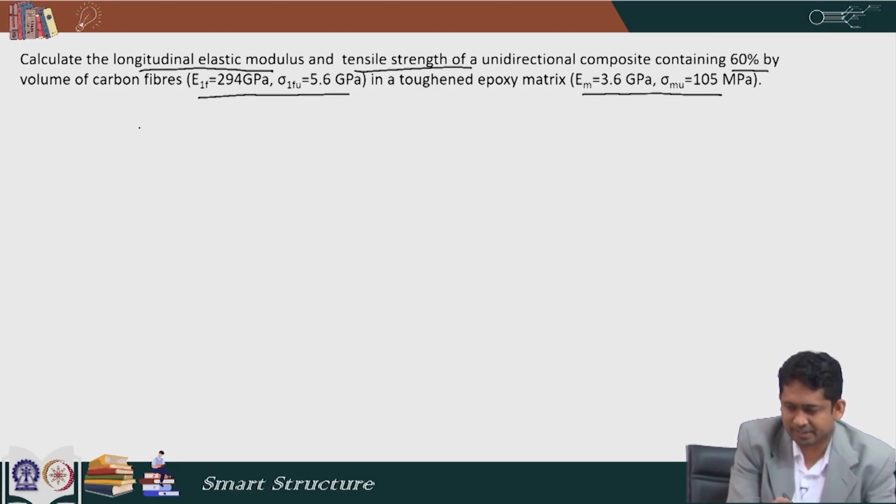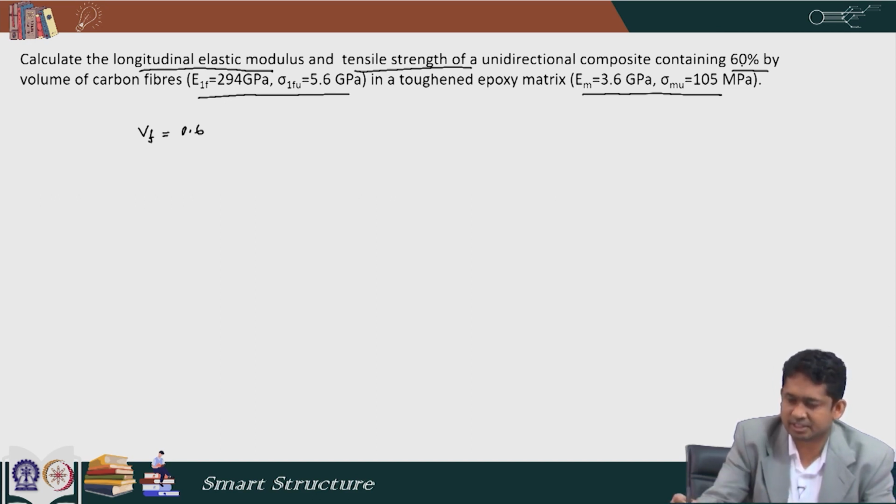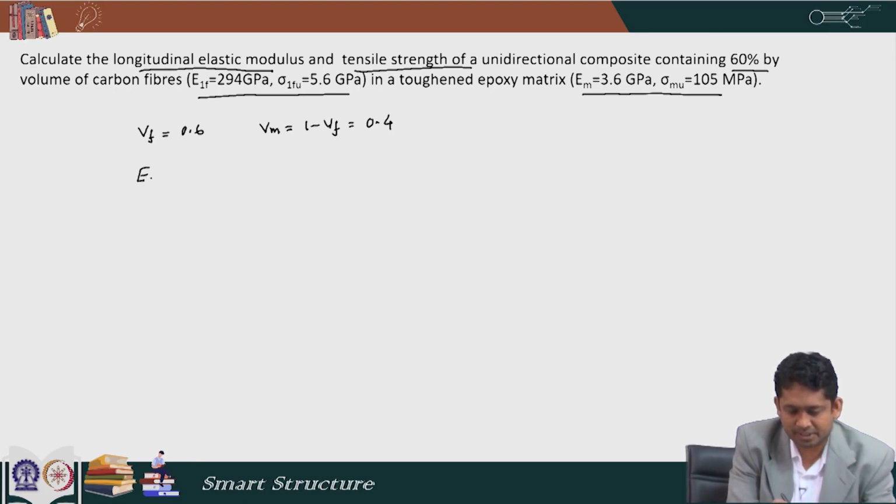So, the given data is Vf equal to 0.6, 60% as given. So, Vm, which is 1 minus Vf, is equal to 0.4. And our goal is to find the elastic modulus E1 of the composite. As we know, the equation is E1 equals E1F multiplied by Vf plus Em multiplied by Vm.